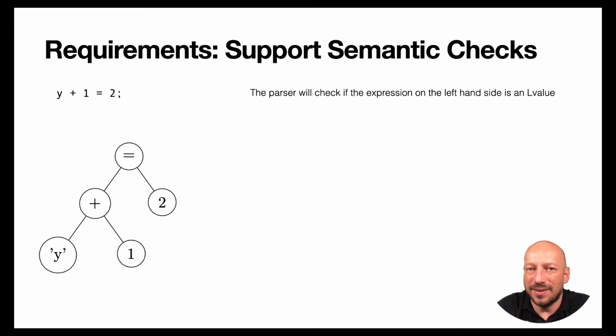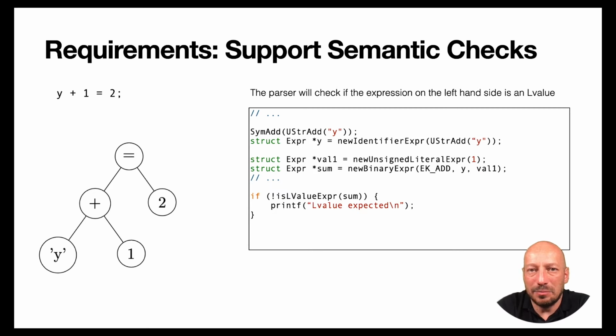So the grammar is not violated here, but we still need to trigger an error message, L value expected, and this semantic check actually gets done by the parser. And we have to support that by a method that gives us a Boolean back, whether this expression is an L value or not. So this is another change in the interface, and actually that's all that we have to change in the interface.